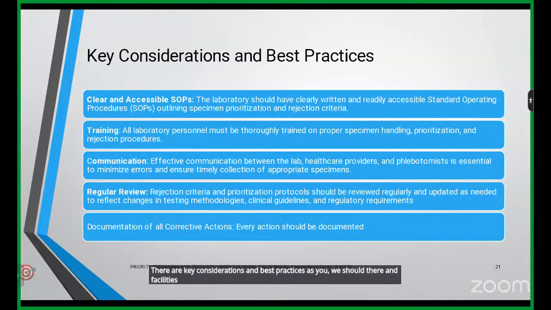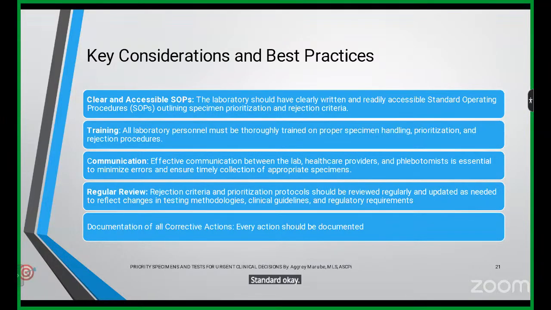So we should emphasize clear and accessible SOPs that detail what should be clearly done. Laboratories should have clearly written and readily accessible standard operating procedures, outlining specimen prioritization and rejection criteria.